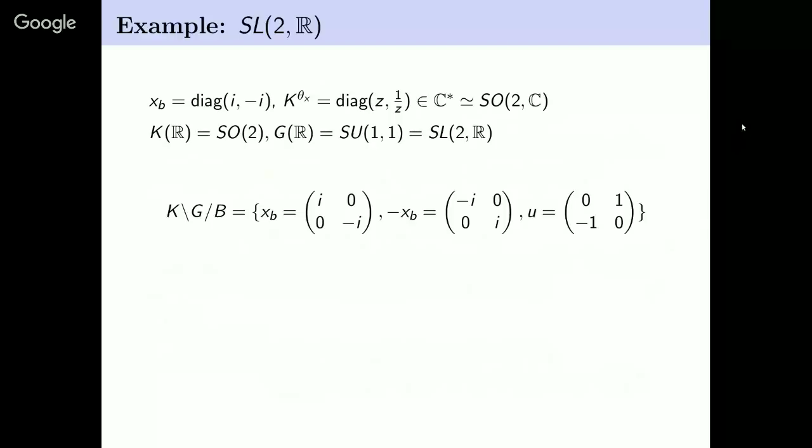So I'm claiming that K acting on G mod B has 3 orbits. Well, everybody, I hope you all know that this is the usual action of SO2C on the projective plane. It has 3 orbits: 0, infinity, and C cross.